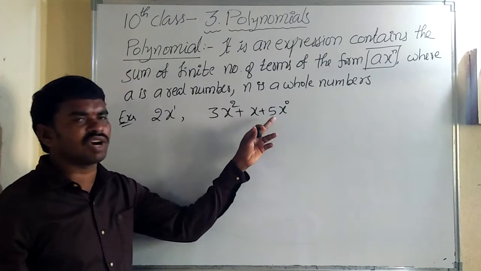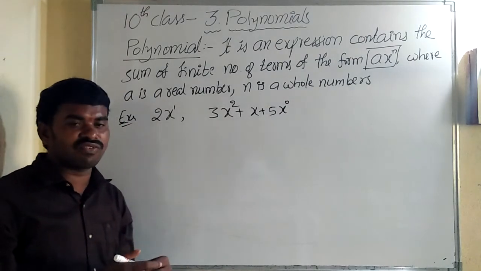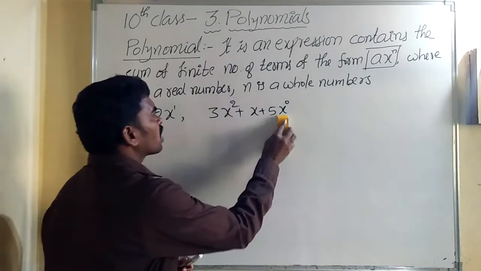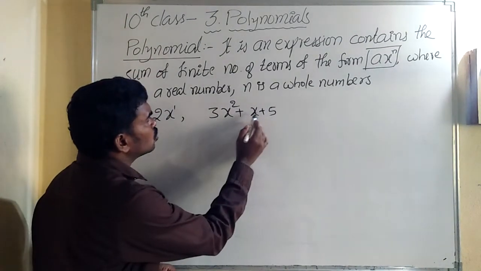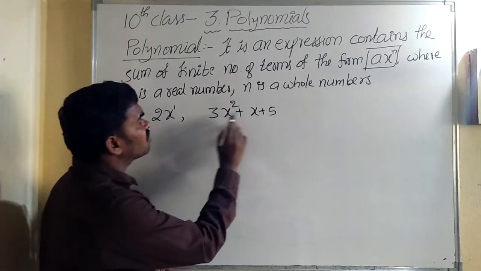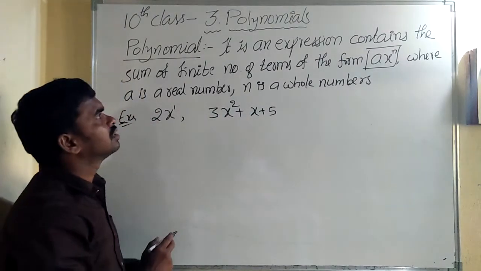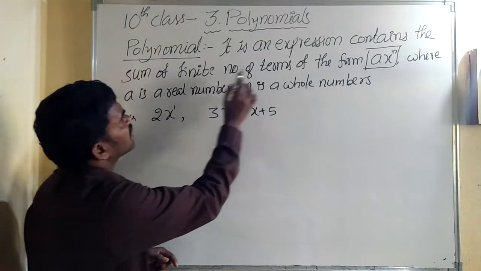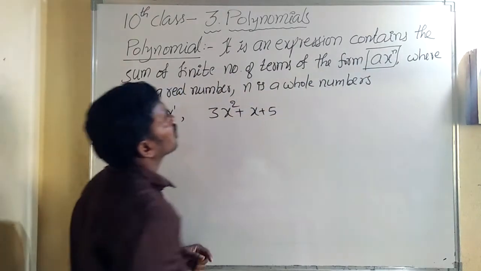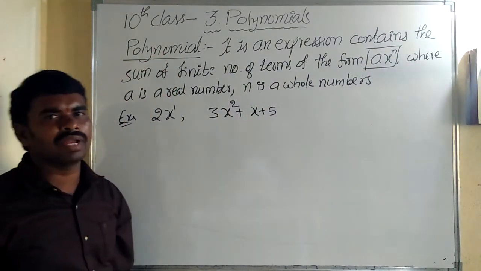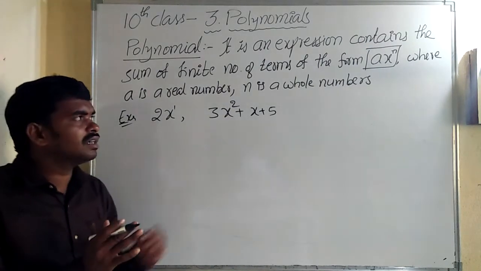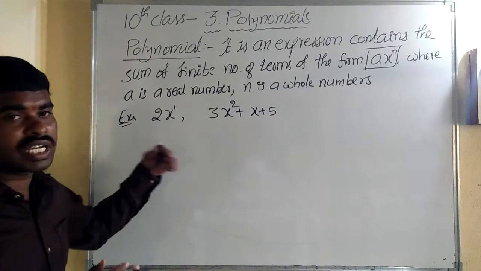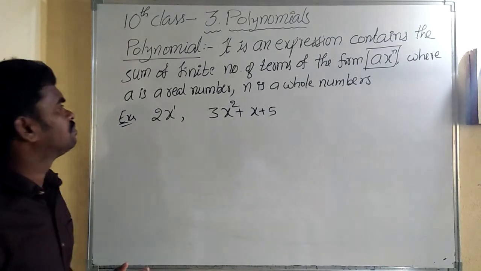X power 0 is 1, and 5 into 1 is 5, so no need to write x power 0. Here it contains 3 terms. So the sum of a finite number of terms of the form ax power n is a polynomial. The examination definition is not important, but if you know what a polynomial is, it is better.